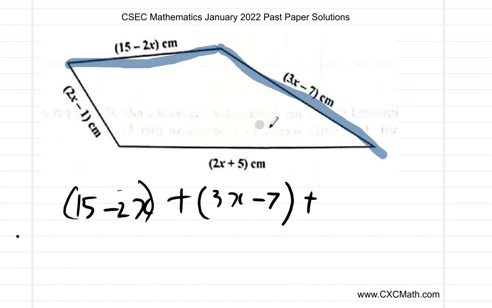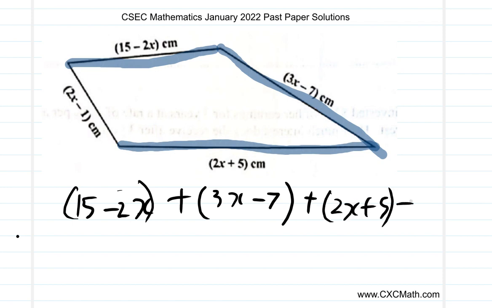So we have here 2x plus 5. So it's 2x plus 5 plus, and then we have 2x minus 1, and we end up the same place where we started.